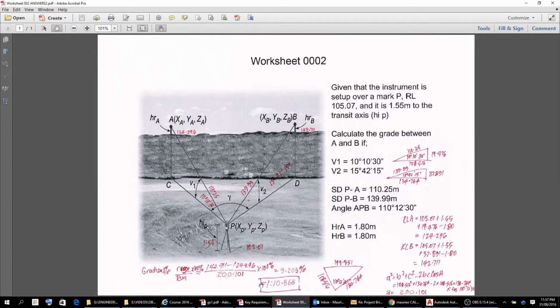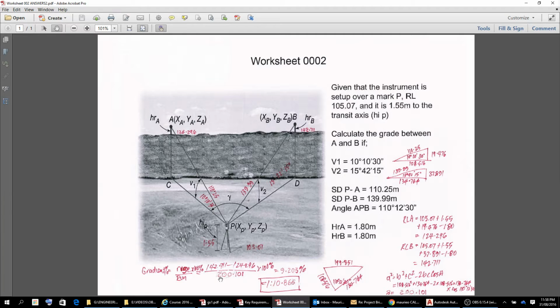That can also be expressed as a representative fraction. It's just a matter of reversing it. So it'll be 200.101 divided by the difference, or you can go 1 over 9.203 with the percentage thing there.